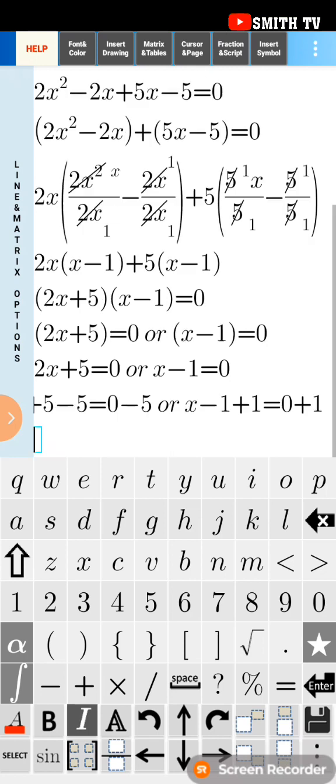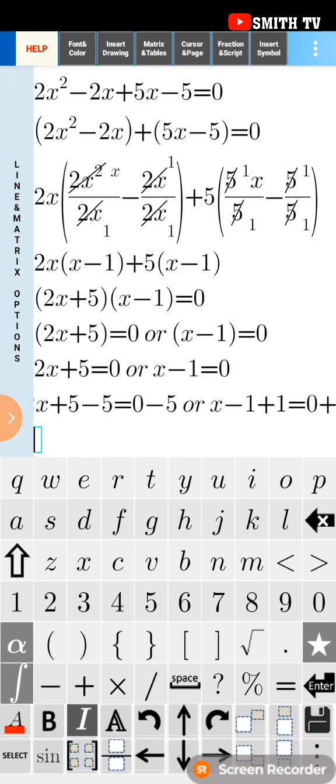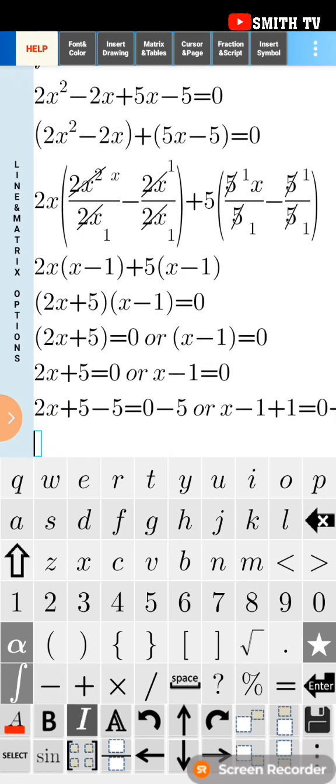So next line, back to my first equation, I'm going to subtract. So that will be 2x. Now 5 minus 5 is 0. So since that is 0, my equal sign comes next. Then 0 minus 5 will give me minus 5.